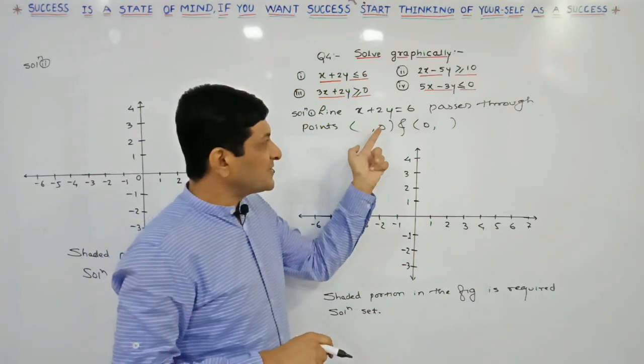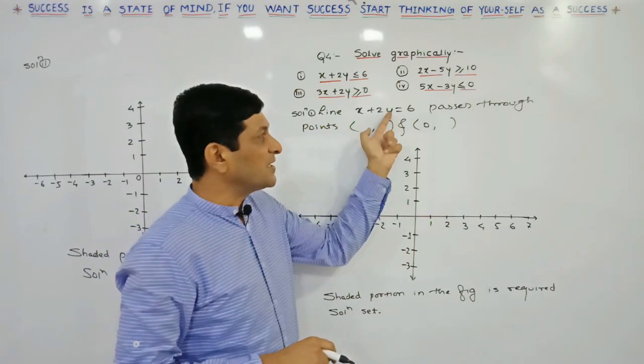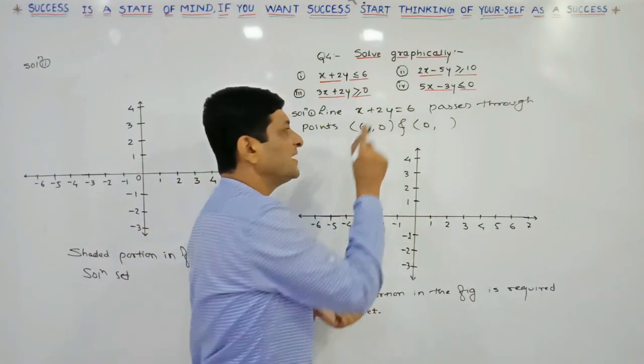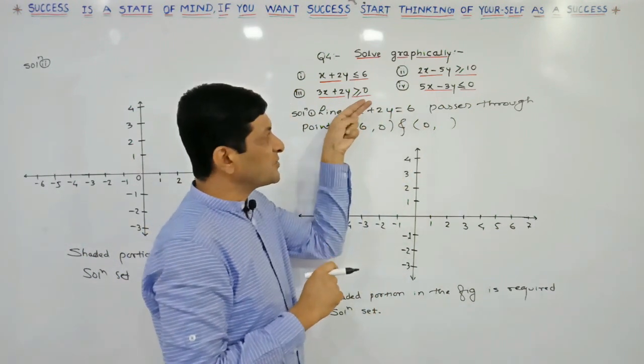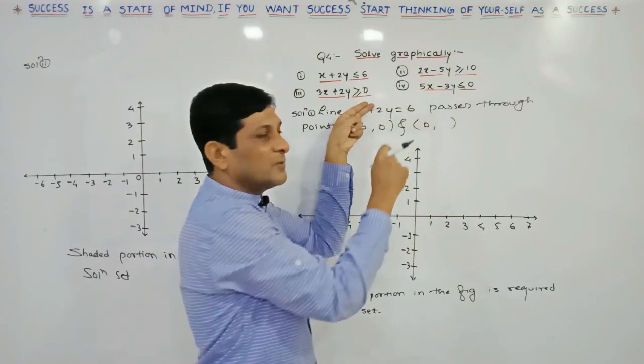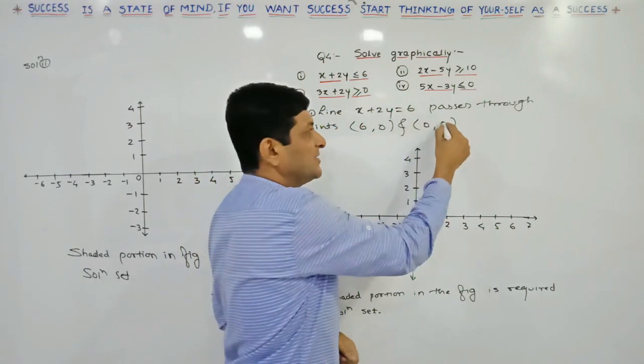Now if we substitute y is equal to 0 here, this term will become 0, and what value of x are we getting here? 6. And if we substitute x is equal to 0, this term will become 0, and what is the remaining expression? 2y is equal to 6. Simplifying it, we get y is equal to 3.